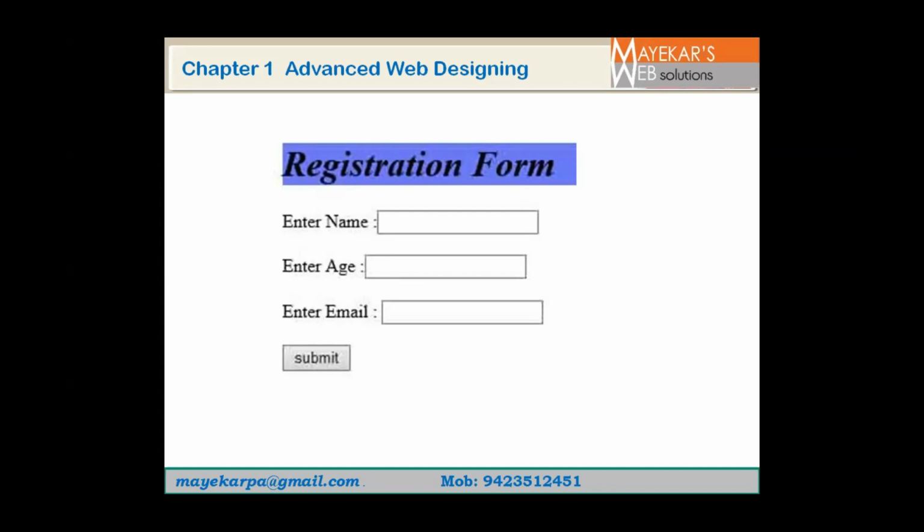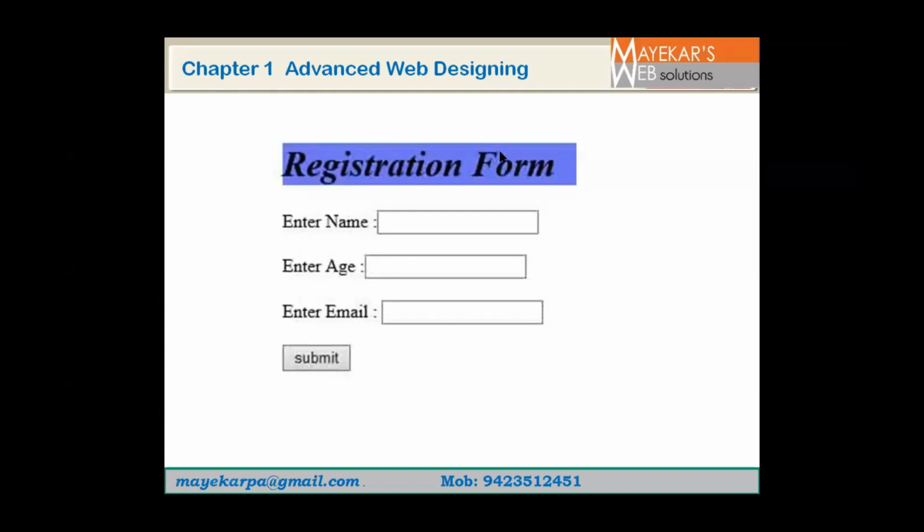In the first text box, when you enter a text, it will display the text like the name of any person. In the second text box, if you go to type any text, then it will not allow. Why will it not allow? Because you have specified that it is a number.